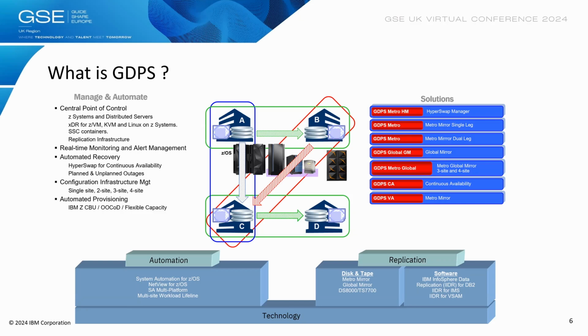But some IBM Z customers that use only distributed systems, such as Linux on Z or Linux on z/VM, do not necessarily have the skills to maintain a z/OS environment.